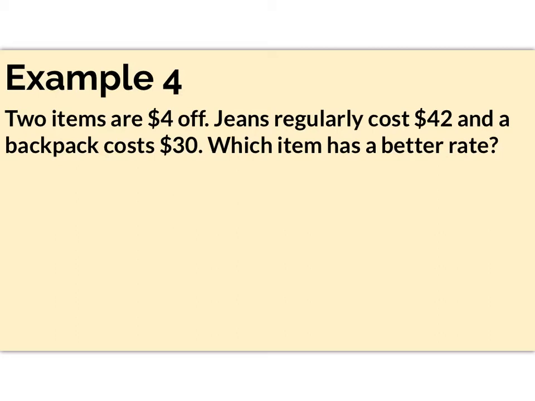So 2 items are $4 off. 42 minus 4 equals 38. And for the backpack, it will be 30 minus 4, which gives us 26.